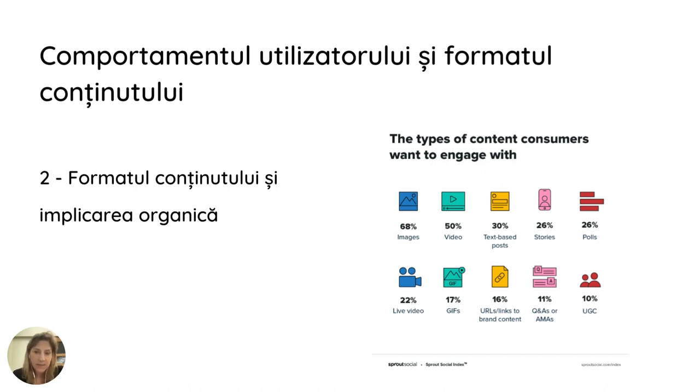Stories are at 26% here, but I'm pretty sure that this number has increased since 2020. You also have polls, GIFs, but you only have 16% for URLs or links that really drive traffic outside of these social media platforms. This is again because these platforms want to maximize the time people spend on them. So taking people off the platform is not really something that they want to encourage.